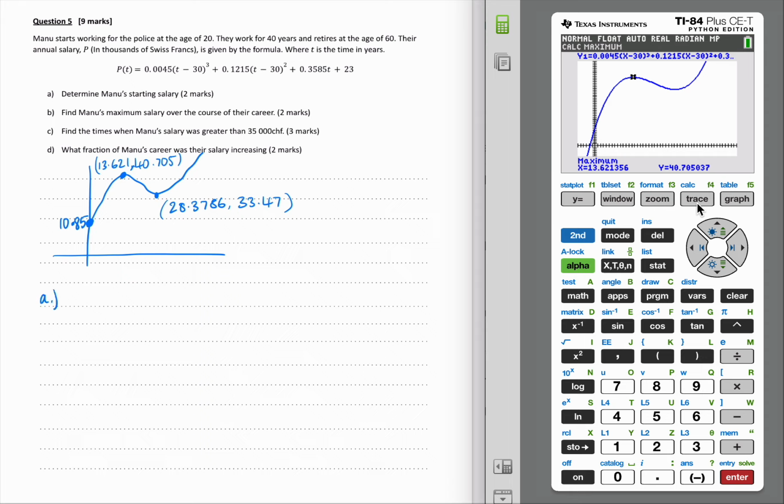So part A is to determine the starting salary. So the starting salary is when his time, this is the time function, so the time versus his pay, is when time is equal to 0. And at that point, it's 10.85, which means that he earns 10,850 Swiss francs.